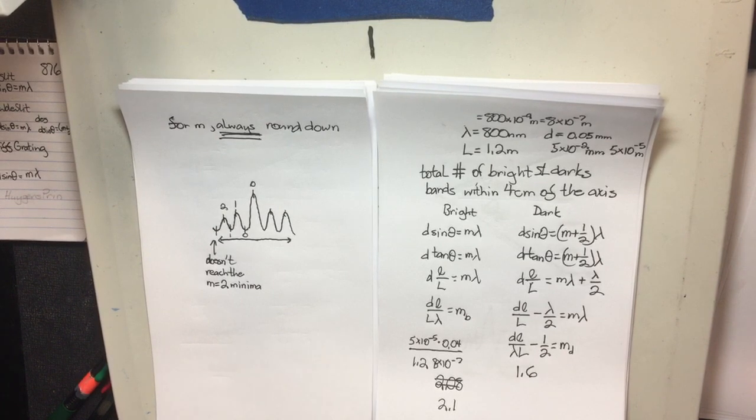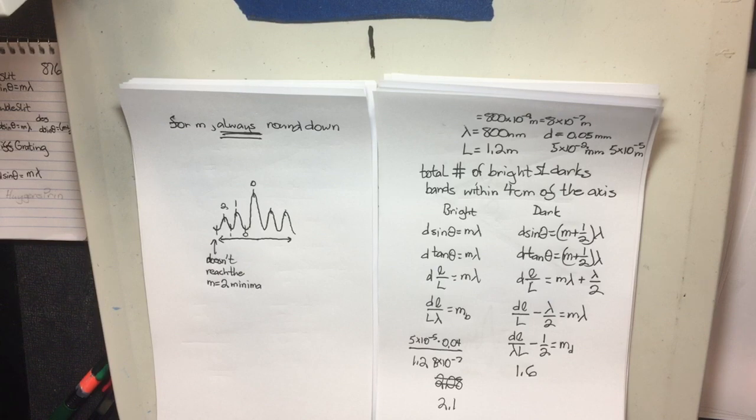You can't round up m's for a double slit. Only round down. Only round down. Only round down. I've said it 3 times. Actually, for all the m's, you always round down.